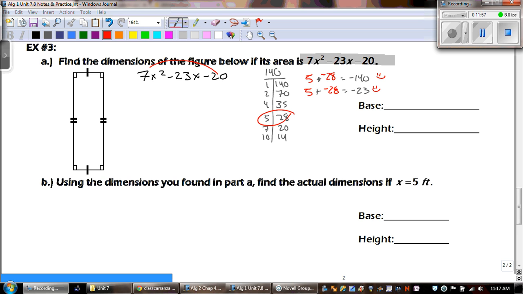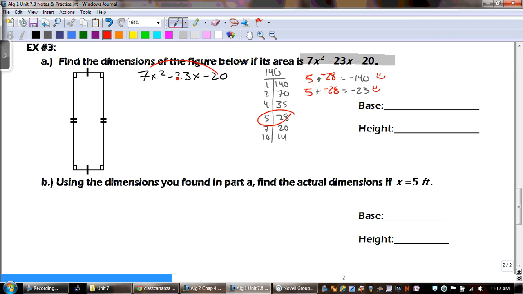Okay, so you should have gotten 5 and negative 28. So I'm going to split the middle term: 7x squared plus 5x minus 28x minus 20. I'm going to draw the line. And the GCF of the front group, the only thing that I can take out is an x. So my x comes out front, and we're left with 7x plus 5.